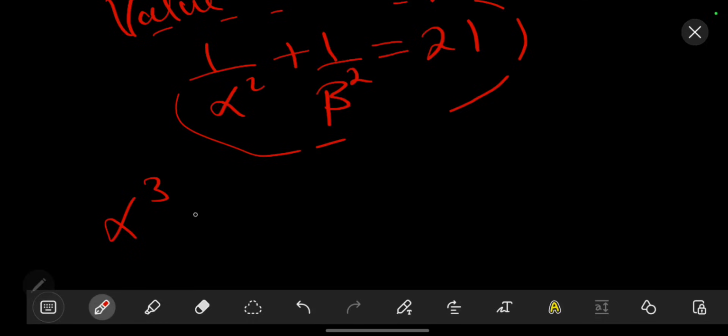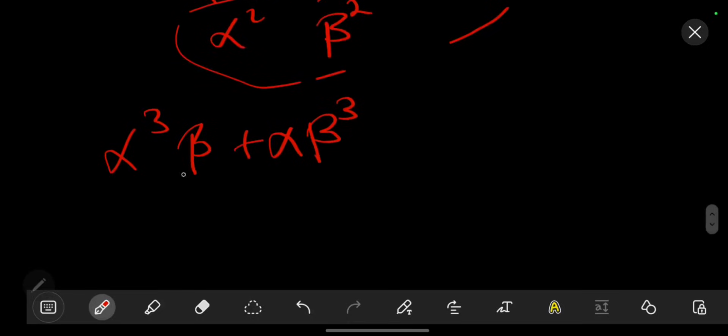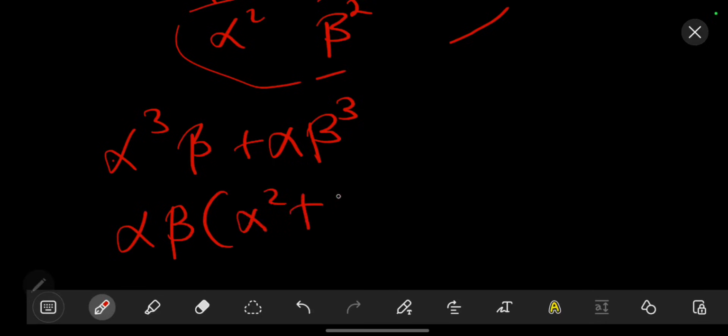Alpha to the power 3 beta plus alpha beta cubed like that. So what we are going to do is let's factorize. Each and every time you have something common, factorize. So our alpha is common, our beta is common, then what we are remaining with is alpha squared plus our beta squared like that.